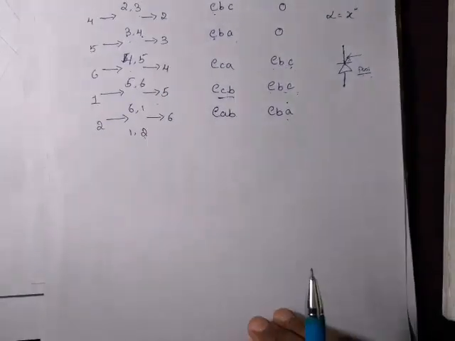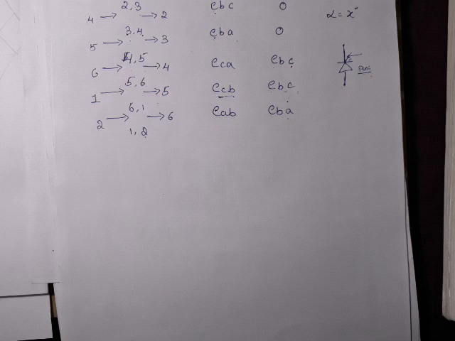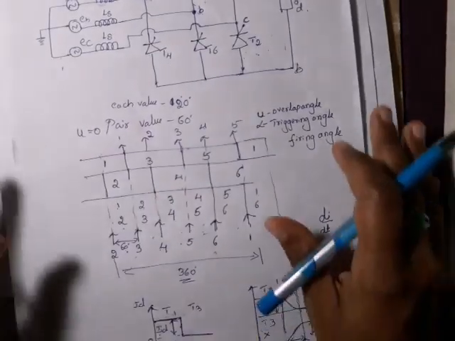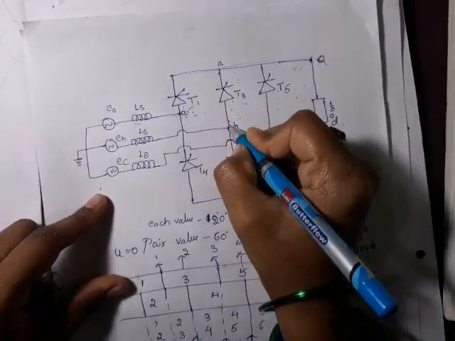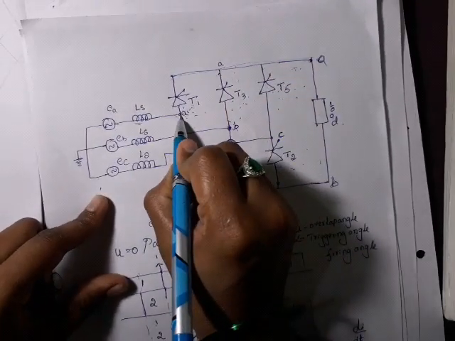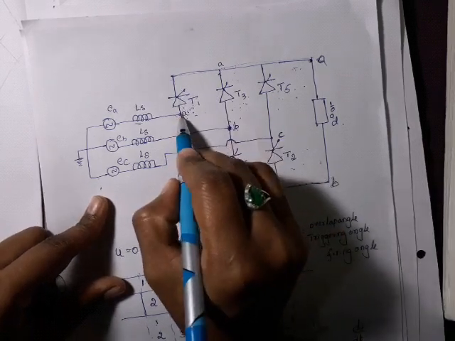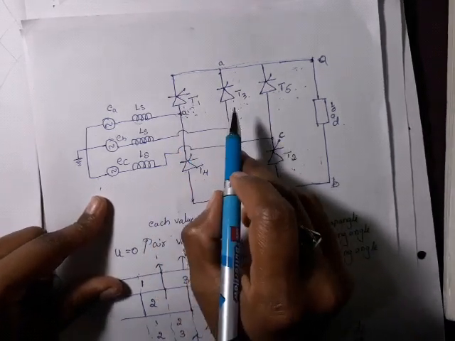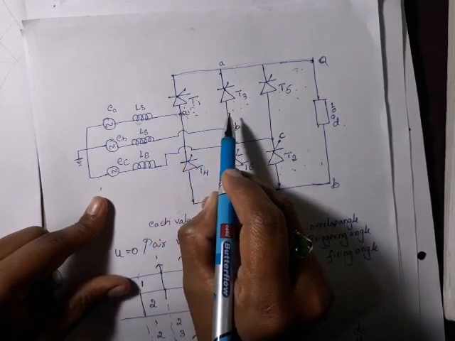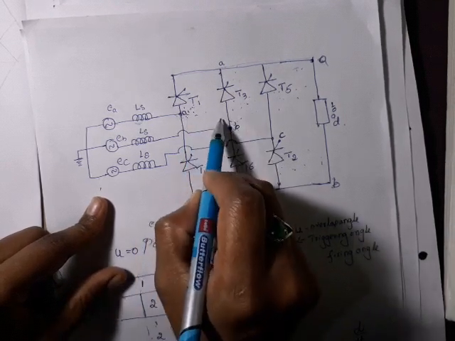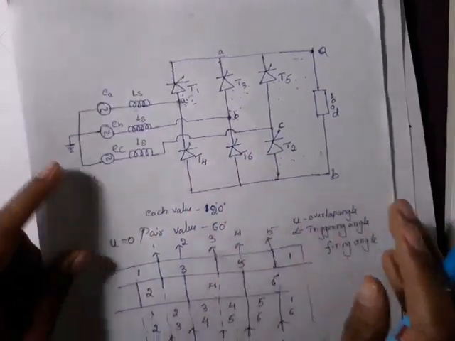So if we consider the valves, see here, we have valve number 3. When valve number 1 is conducting, after valve number 1, valve number 3 comes into conduction. So when valve number 1 is conducting, the voltage across valve number 3 should be positive before it gets triggered.